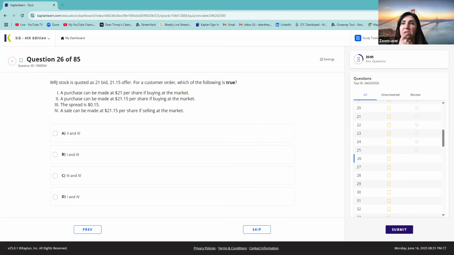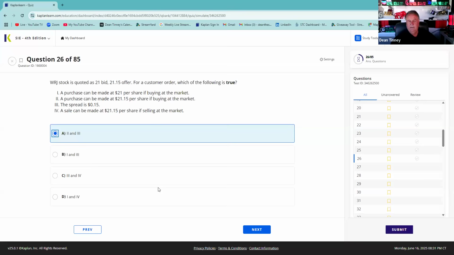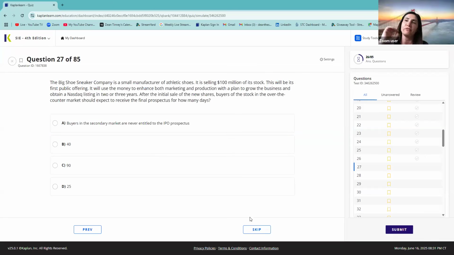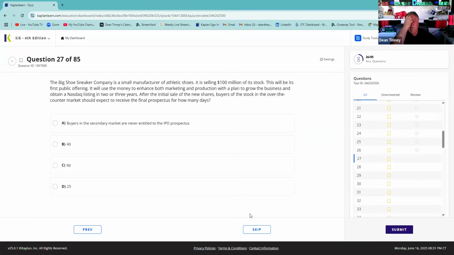So no, a purchase can be made at 21.15 per share. Excellent. And then a sale at 21, so the spread is 0.15. Beautiful. That's absolutely correct. The way I think about it, the customer always pays the high price and always receives the low price. What's that called in the securities industry, right? From your video. Yeah, I have that. Know your bid from your ask.